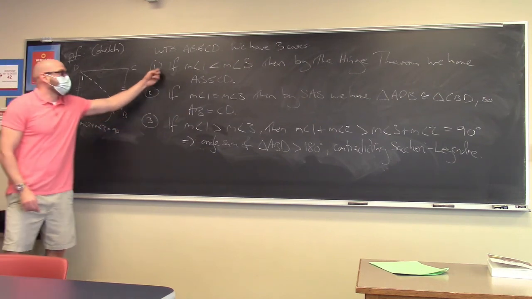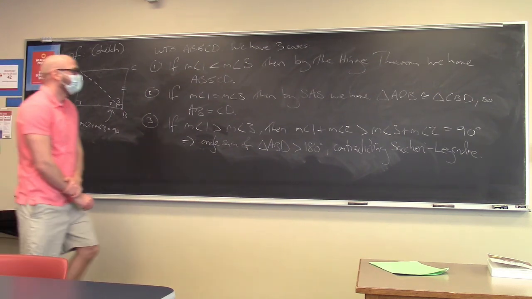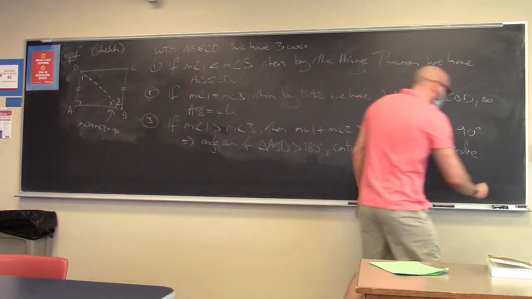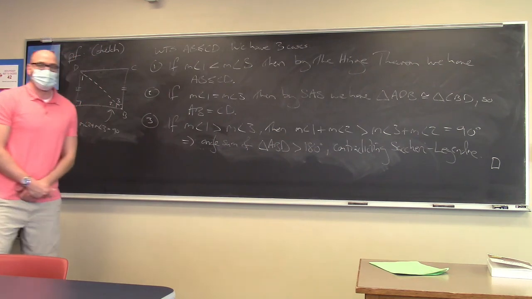So either case 1 or case 2 is true. And in either case, the base is shorter than the summit. I won't write anymore because we call this a proof sketch, so we'll just add in the proof there.